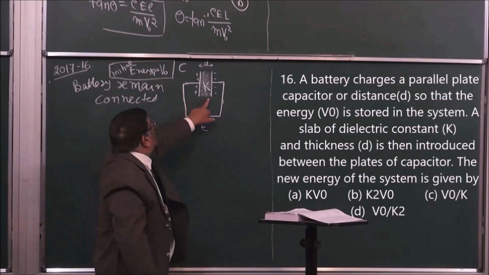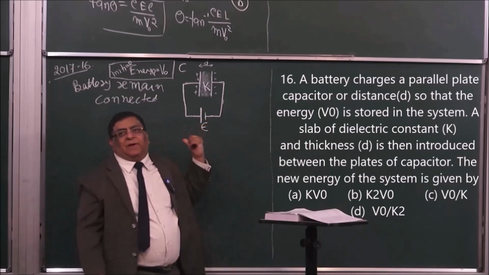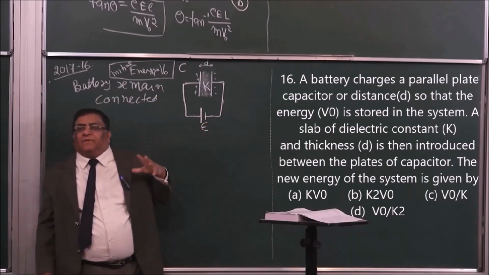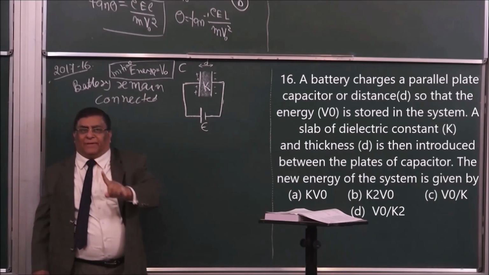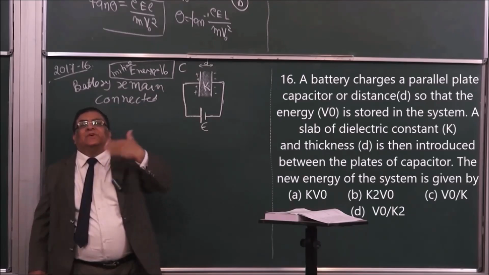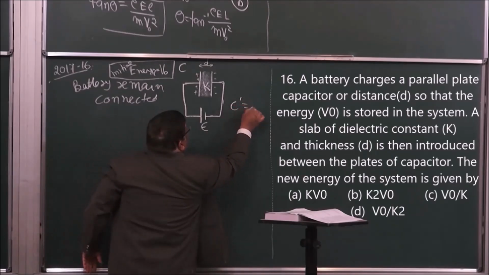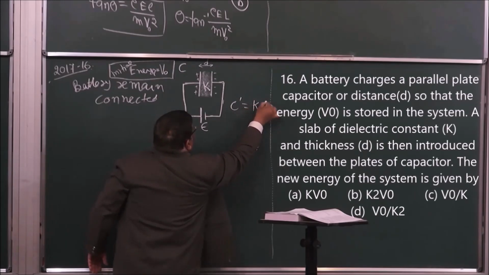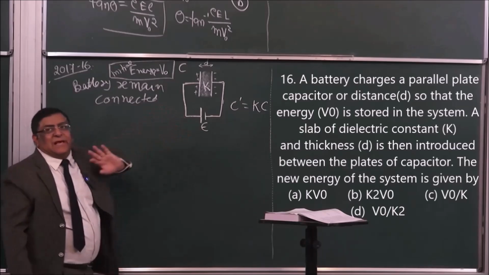Now, what happens when we put a slab in the capacitor? Whenever we put a slab in the capacitor, one thing is compulsory: the capacitance increases. And how much is the new capacitance? That is always K times C. Now, this capacitance has increased.